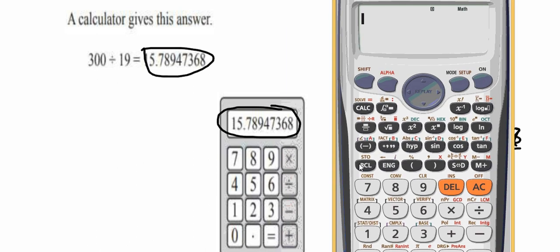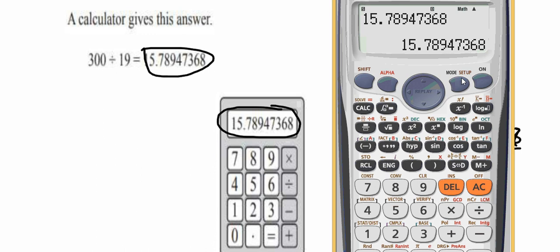Okay, let me type that. This is 15.78947368. Now, once you type the numbers on the calculator, you hit equal to, so that the calculator can recognize the number which you have typed.